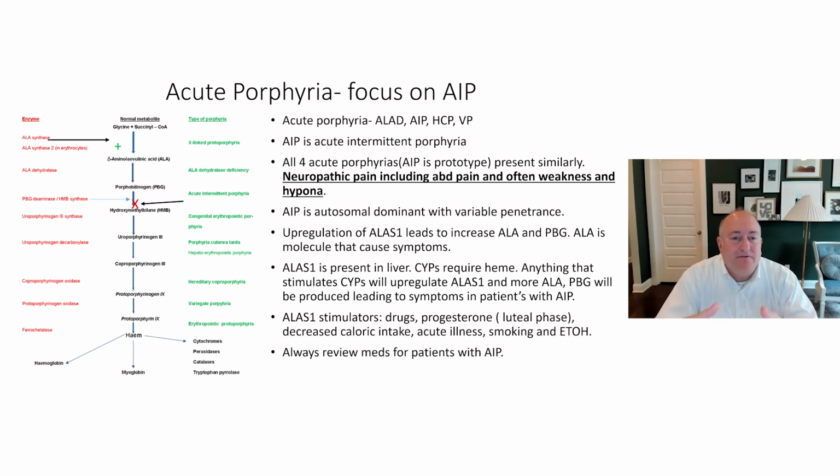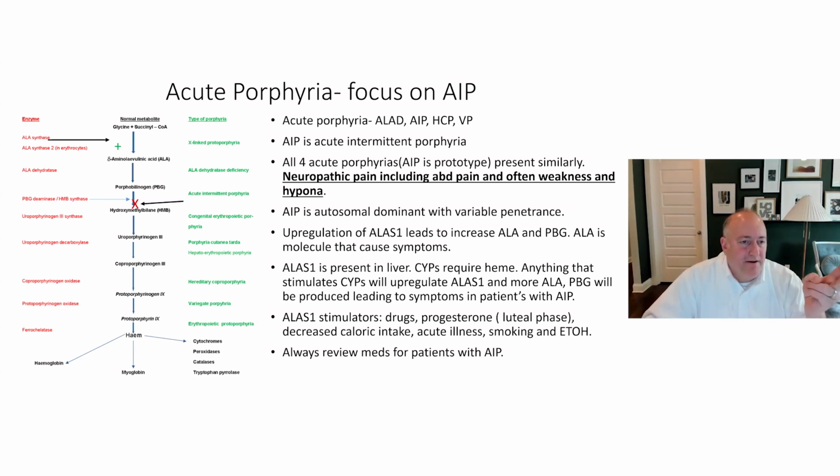Now, when does that happen? Certain medications like rifampin, smoking, alcohol, all of those things will stimulate the cytochrome P450. Starvation will. So an AIP attack can occur with infection, decreased nutrition, or anything that stimulates your cytochrome P450s.